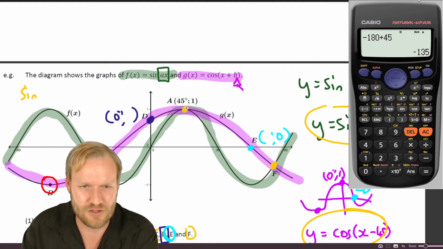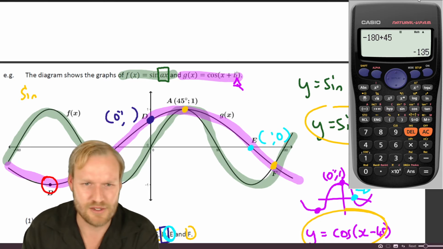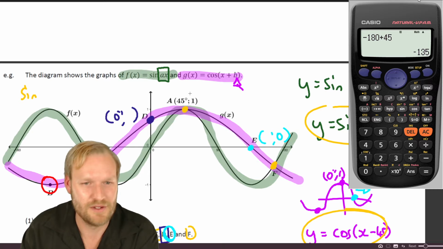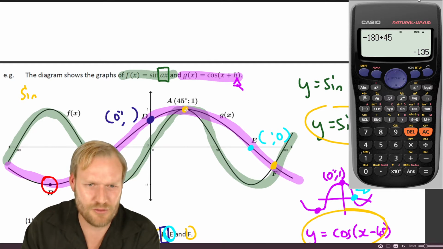Well, 45 is one of our answers, since sine of 45 and cos of 45 are the same. So we've got our 45 as one of our answers.